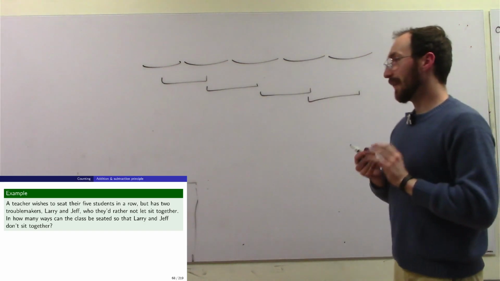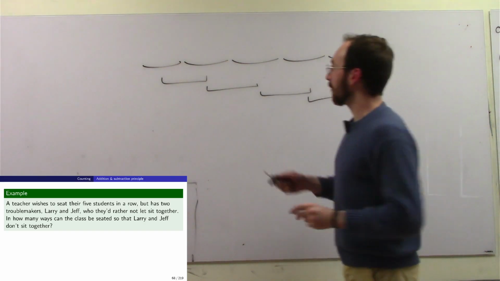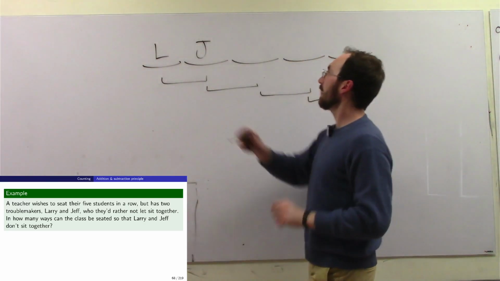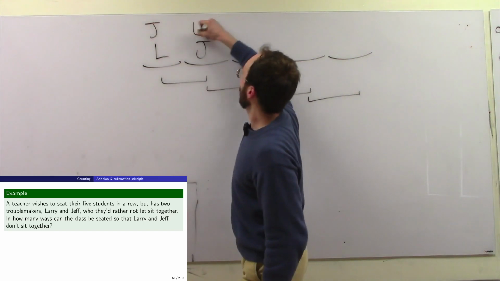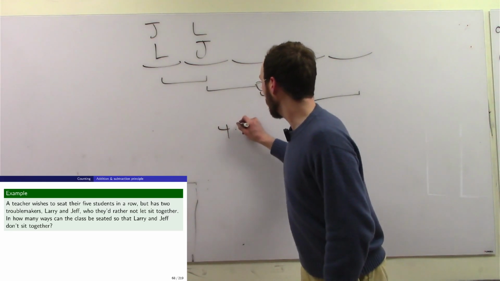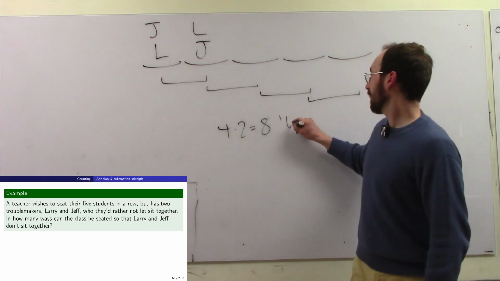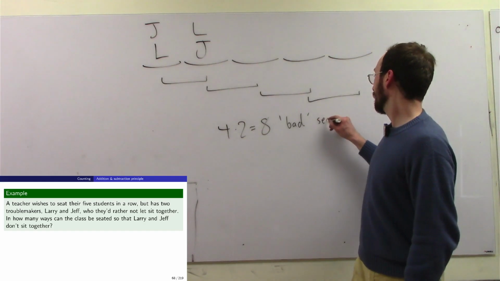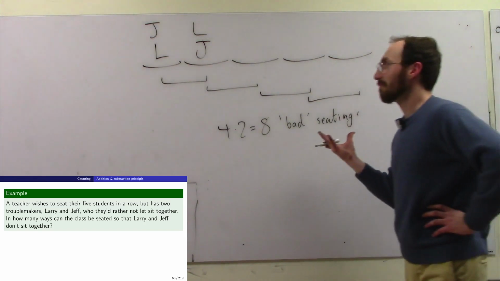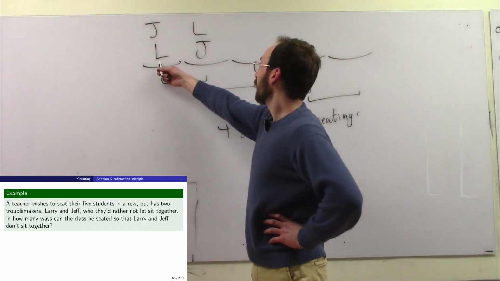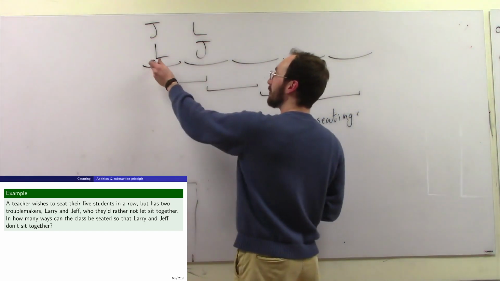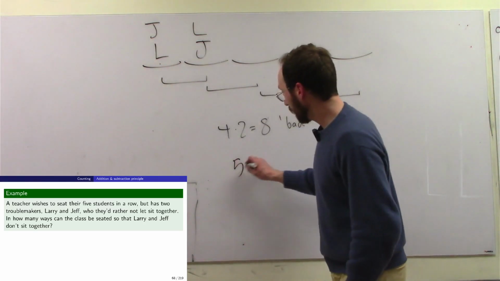And I said we didn't care about order, but I do care about order because Larry sitting right here and Jeff sitting right here is not the same as Jeff sitting here and Larry sitting here. Okay, so we have 4 times 2, 8 bad seatings. Oh, geez, that's a lot. Well, how many seatings do we have at all? If we don't care about Larry and Jeff wherever they're sitting, then I had 5 choices for my first.